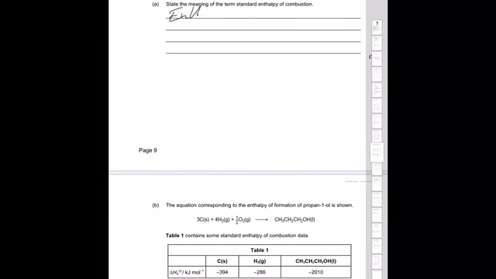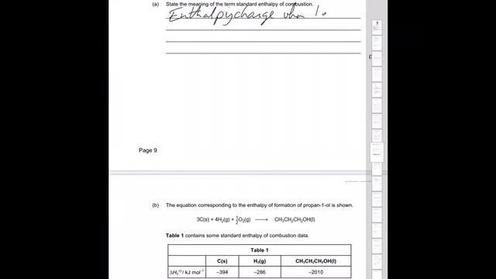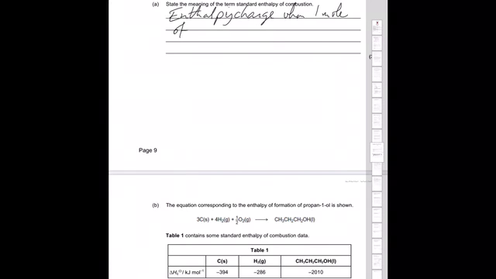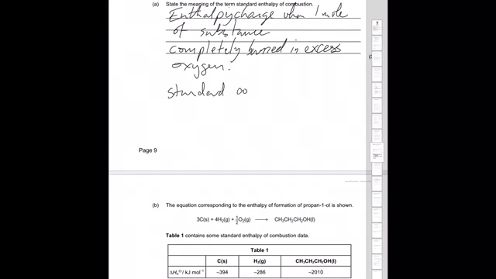The enthalpy change when 1 mole of substance is burned completely in excess oxygen under standard conditions, under standard states. Yeah, you need standard conditions and standard states.